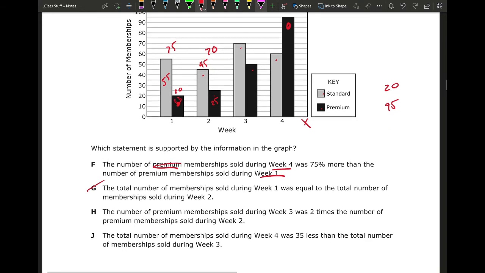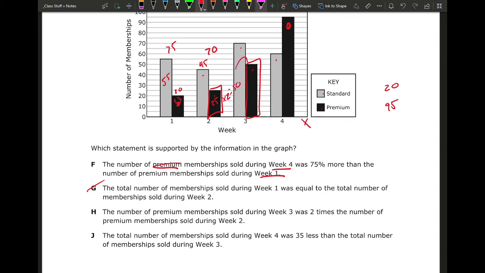The number of premium memberships sold during week 3 was 2 times the number of premium memberships sold during week 2. So we're looking at the premiums right here for this one and this one. This is for H. Let's look at H. 2 times. So this one sold 25. 25 times 2 gives you 50, right?